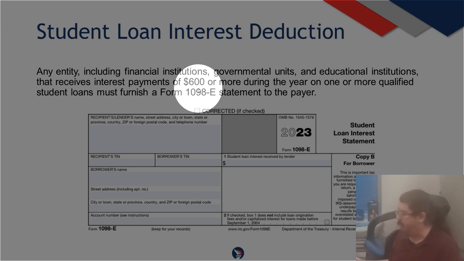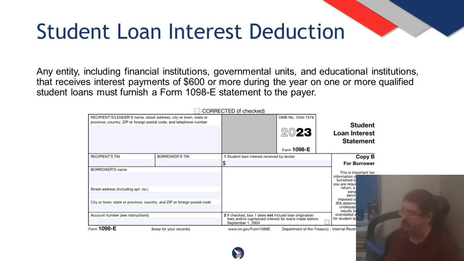So you may have student loan interest to deduct even if you don't get a 1098-E. And if you're using a credit card and you're using it properly and only for education expenses, the credit card company is probably still not going to send you a 1098-E, but you can still take this deduction.